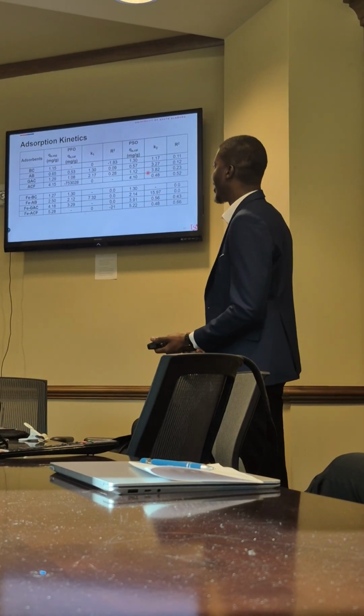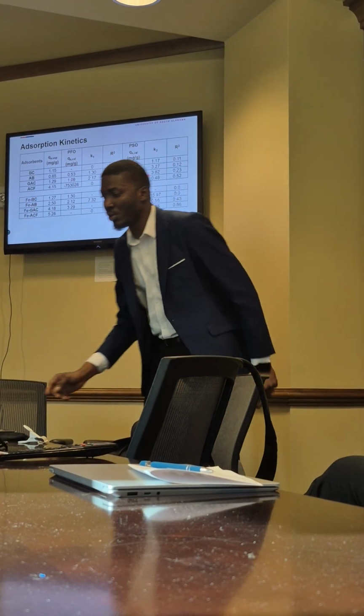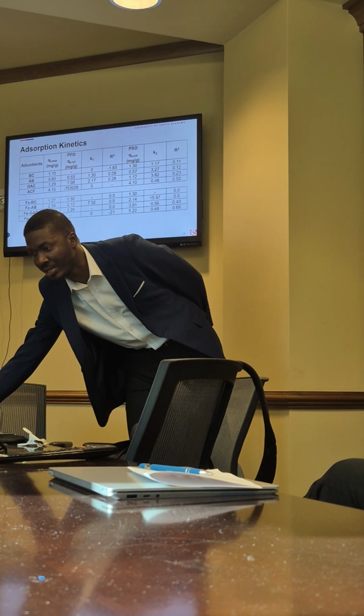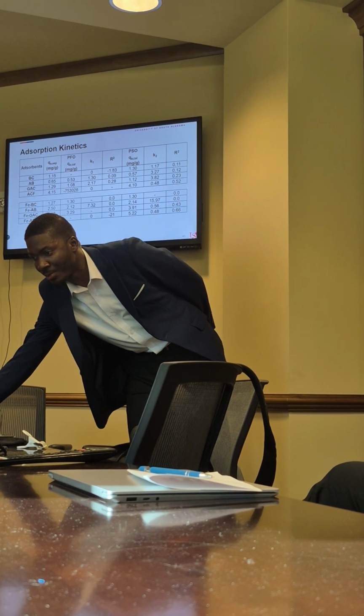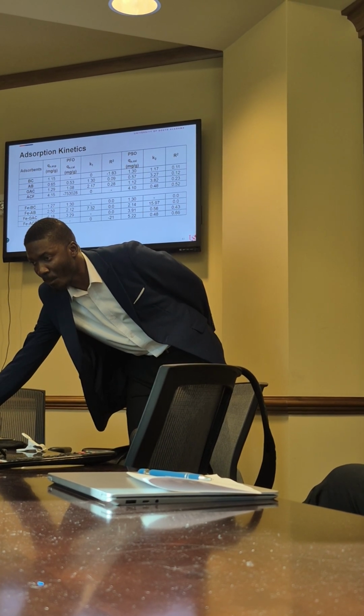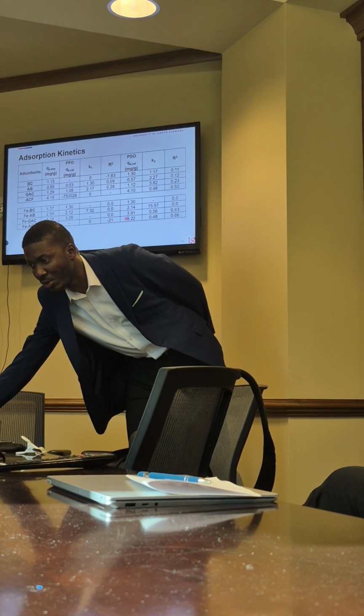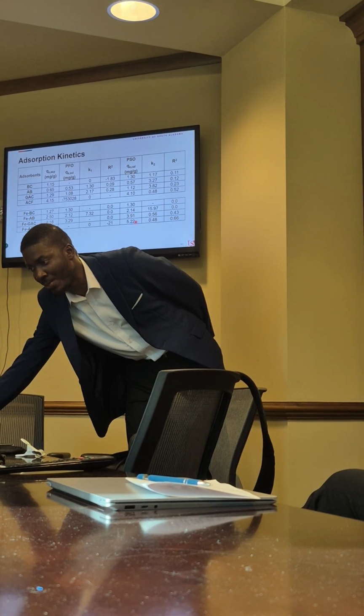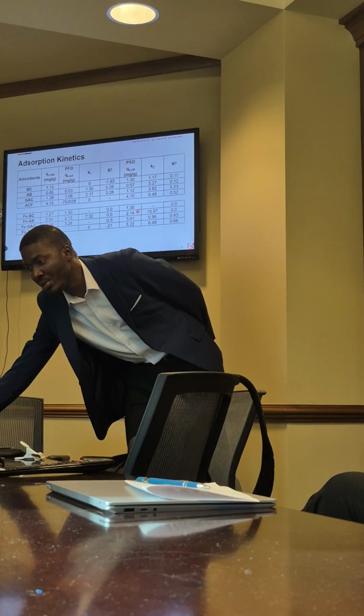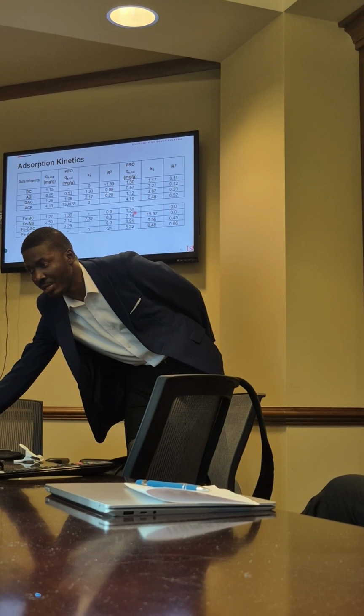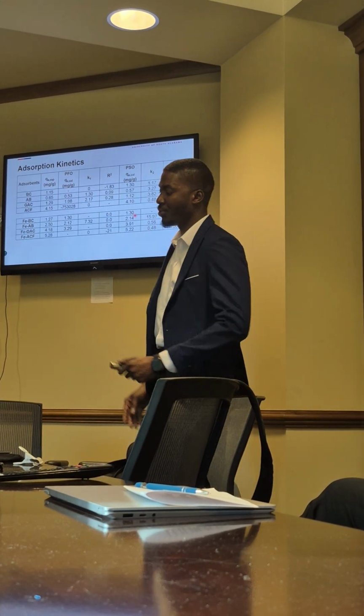For our iron modified adsorbents, we also have a similar situation whereby experimental capacity was very close to our PSO capacity from our model. So we do indeed confirm the PSO model best describes our kinetic process.